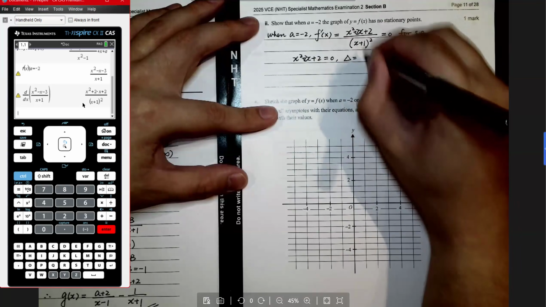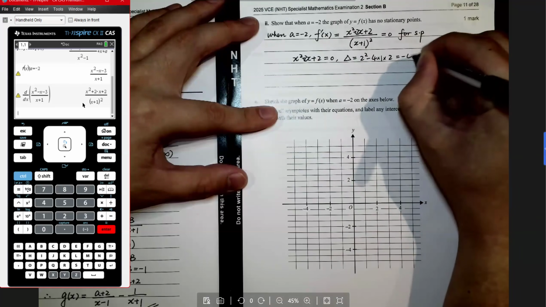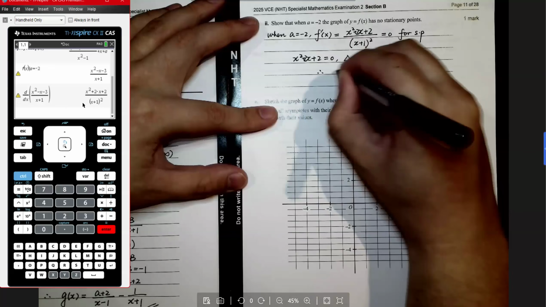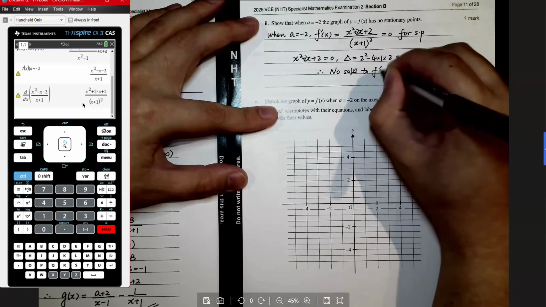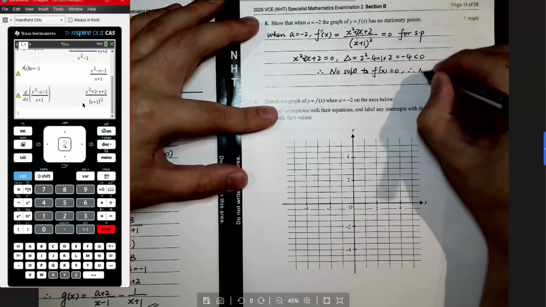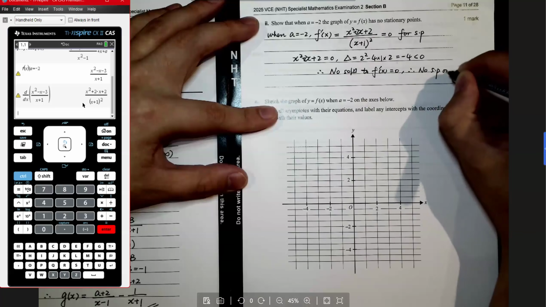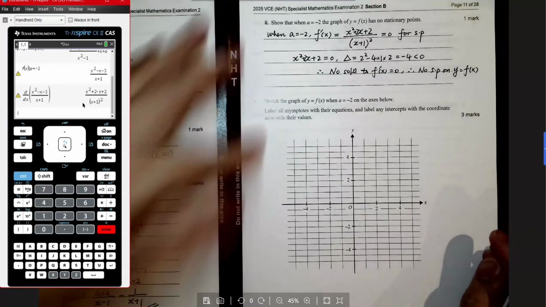And the discriminant is 2 squared minus 4 times 1 times 2, which is minus 4, less than 0. Therefore, no solution to f dash of x equal to 0. Hence, no stationary point on y equals f of x. Okay, something along this line.